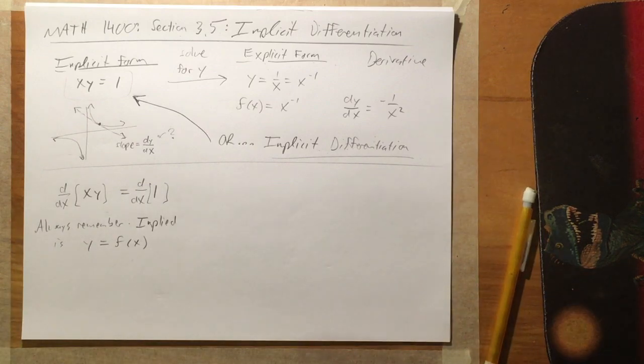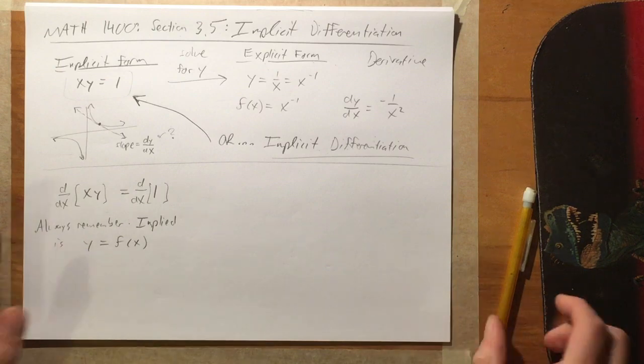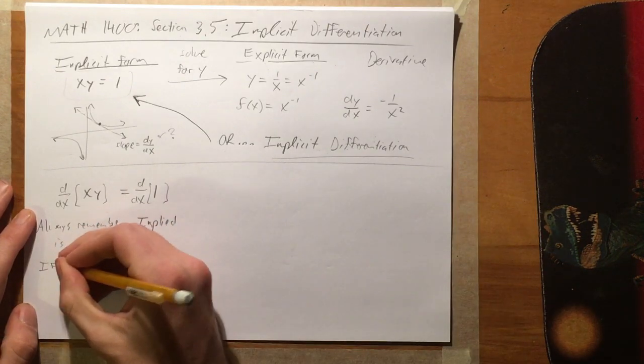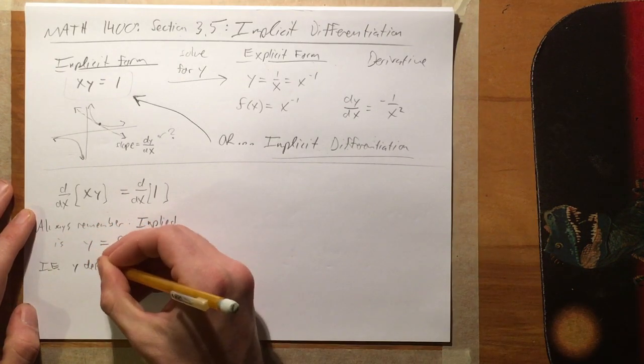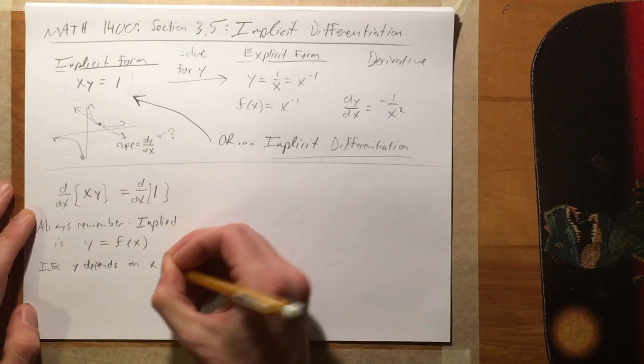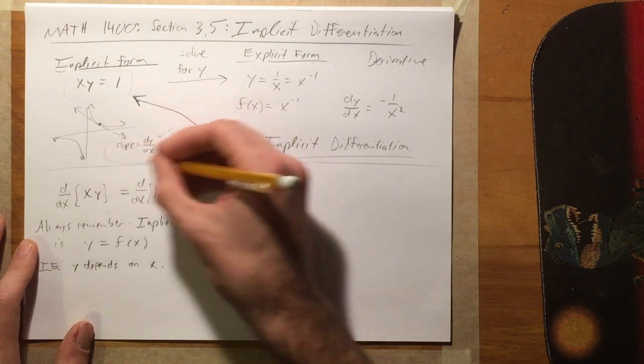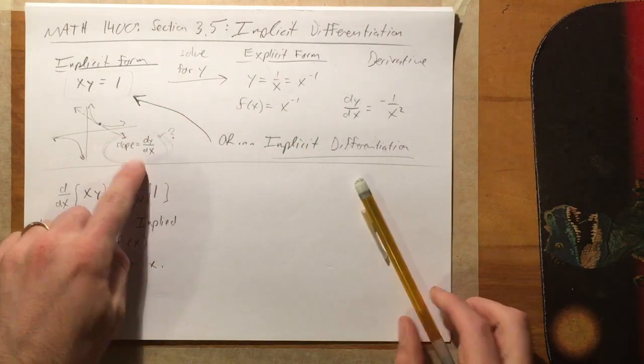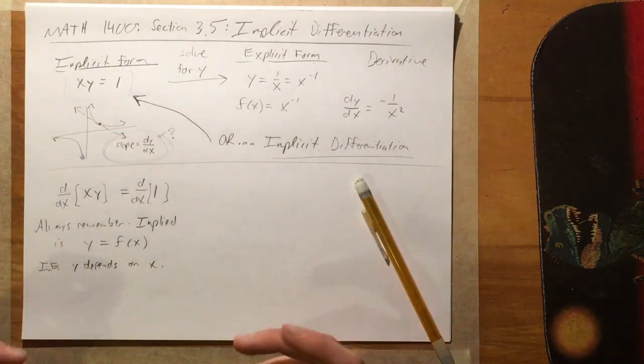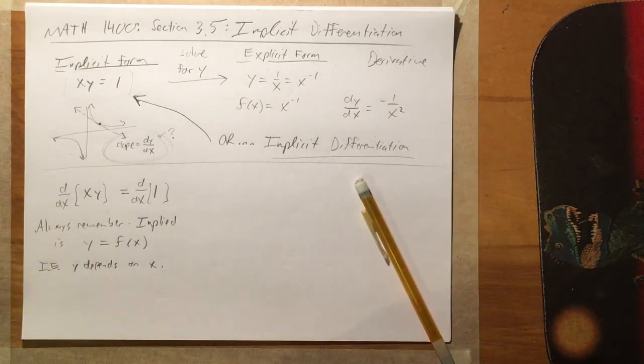But we want to think about y as if it depends on x, because we want to know how y is changing with respect to x. So we have to be thinking about y as being dependent on x, determined by it. We're just going to keep that in mind as a concept as we work through this.